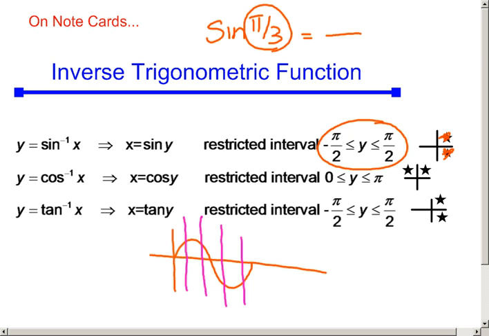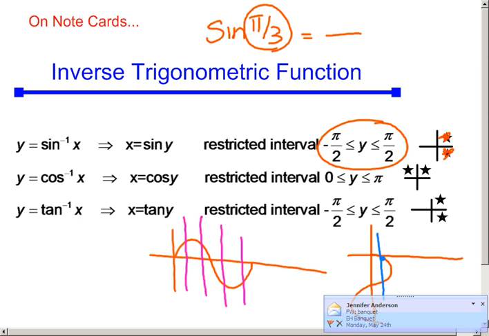But the inverse is where you switch the x and the y around, and the inverse sine function looks something like that. Now if you draw a vertical line, it doesn't pass the vertical line test because it crosses a vertical line in more than one spot. That's a problem, and it is no longer a function.